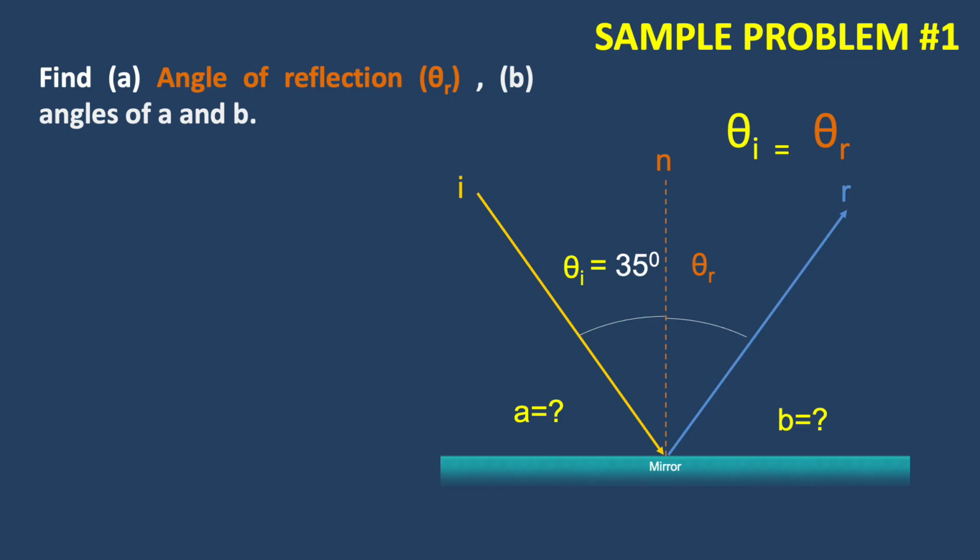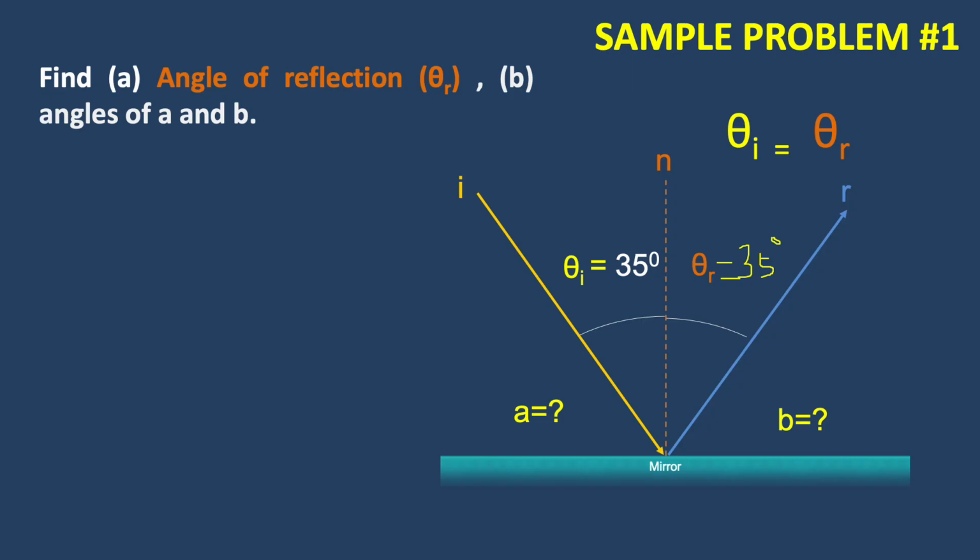Since the angle of incidence is always equal to the angle of reflection, therefore, the angle of reflection is also 35 degrees. Now, how about angle A and letter B?